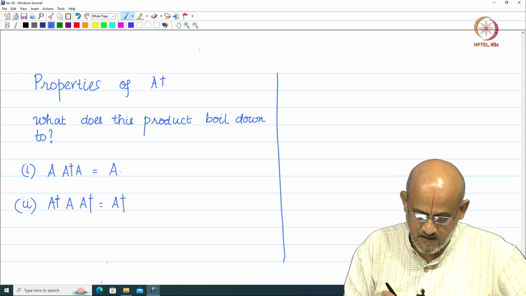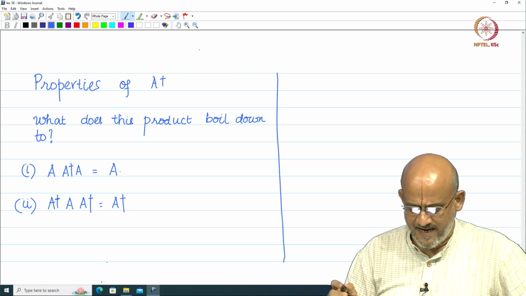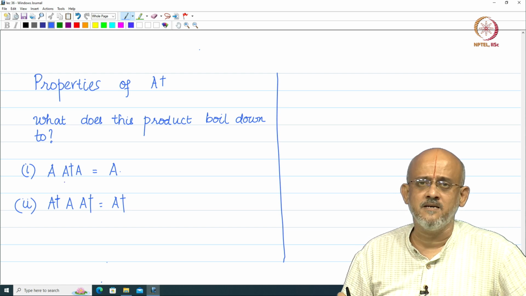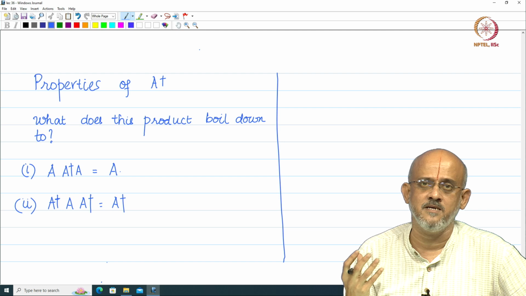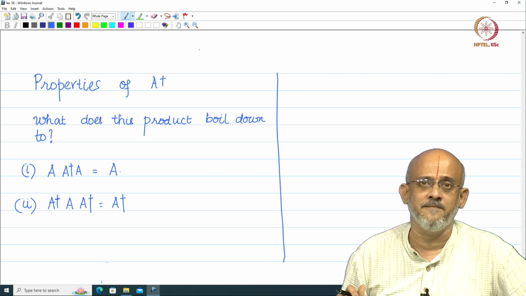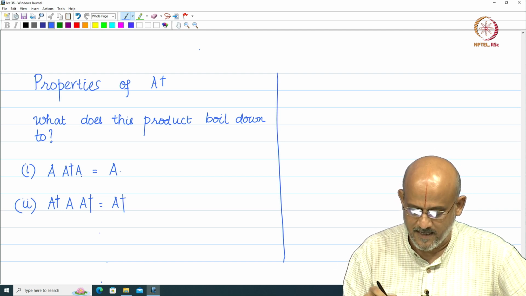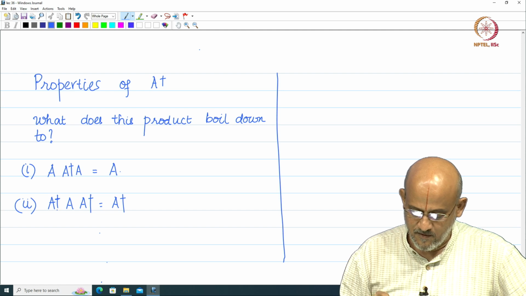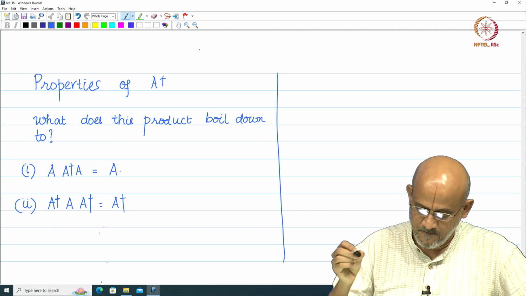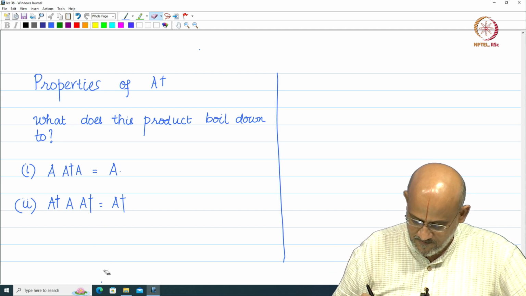So, this A dagger A whatever that we see here, it is basically like an identity matrix that we get. So, you have A into A dagger A which is giving me A, and A dagger into A dagger which is basically giving me my A dagger itself, right.